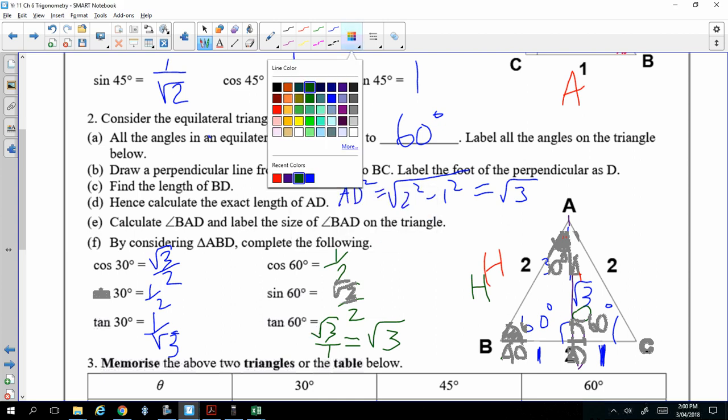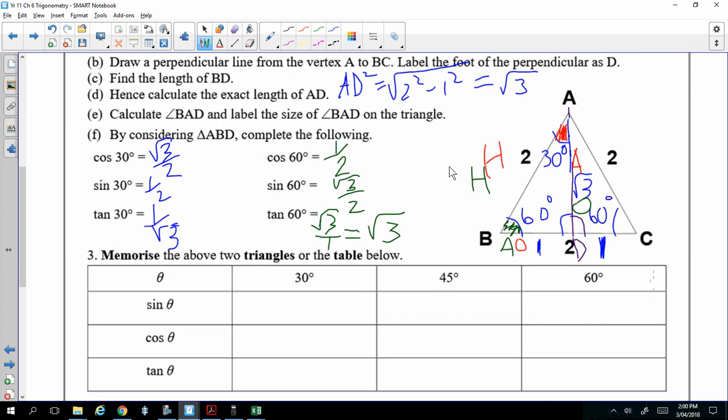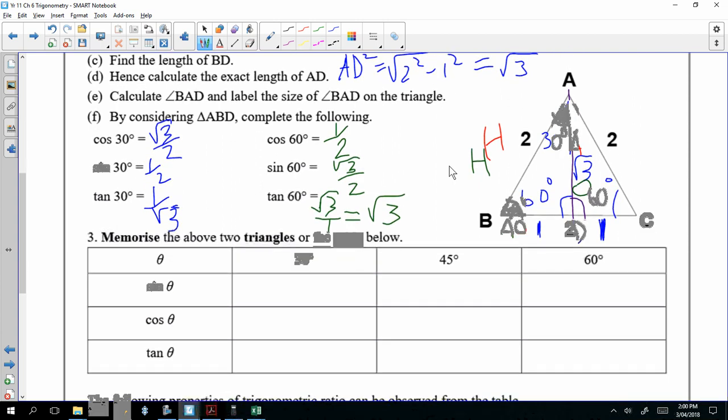So now we're going to summarize all of this onto the table below. So sin 30 is half. Sin 45, 1 on root 2. Sin 60 is root 3 over 2.